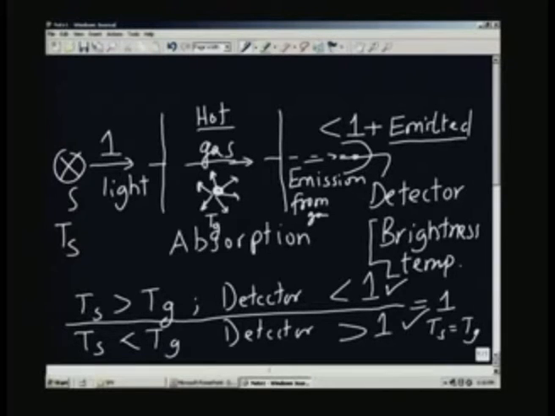So, if you were to look at the signal, let me show it on the next page. Suppose I take, you remember we have the source, source plus gas.